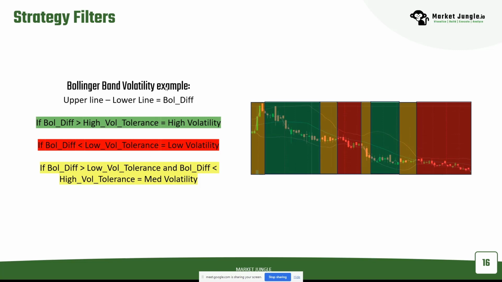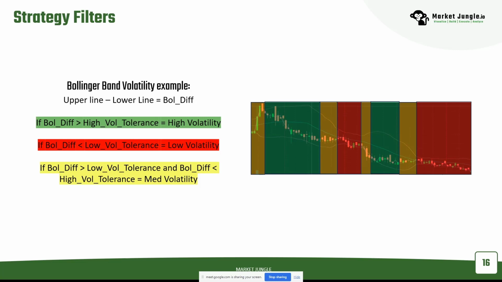And this is using Bollinger Bands, and it's essentially using the difference between the upper and lower Bollinger Band, as well as with a defined tolerance. So what I mean by this is, if we just take the upper band and minus the lower band, we'll have the difference, and then we can specify over a certain value, we're going to classify this as high volatility.